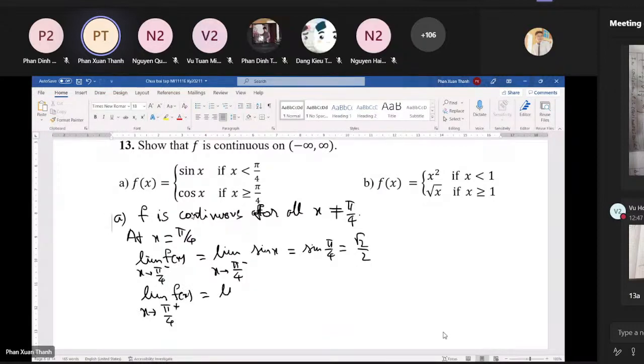So that equals the limit of cosine x as x approaches pi over 4, so equals cosine pi over 4, also equals square root of 2 divided by 2. So it means that this is, we denote by f at pi over 4, the left hand limit equals the right hand limit.